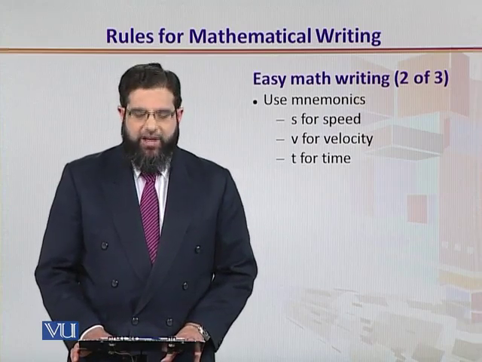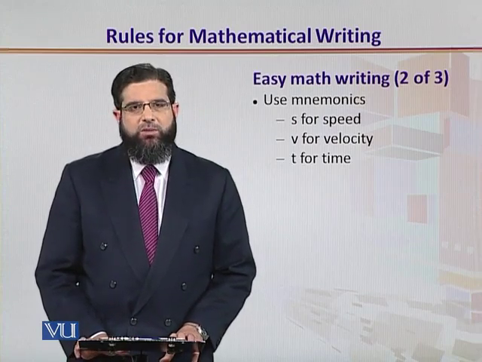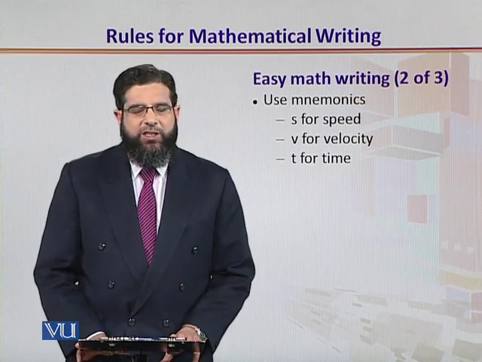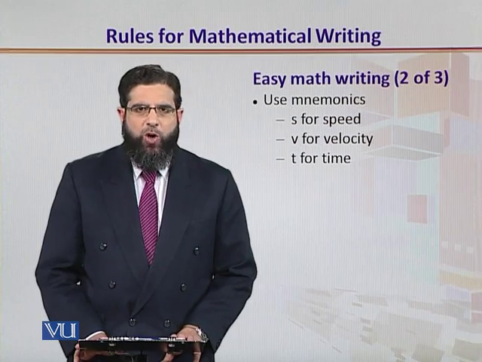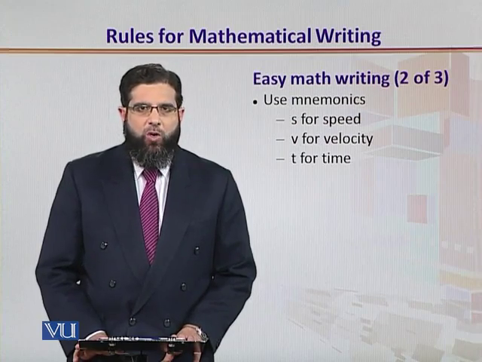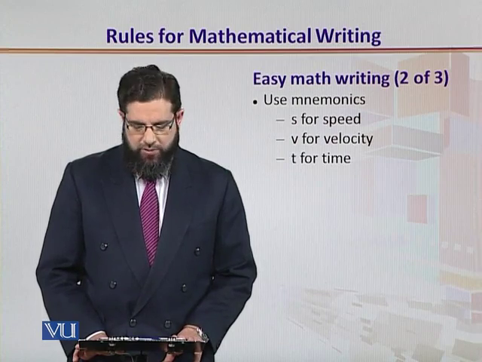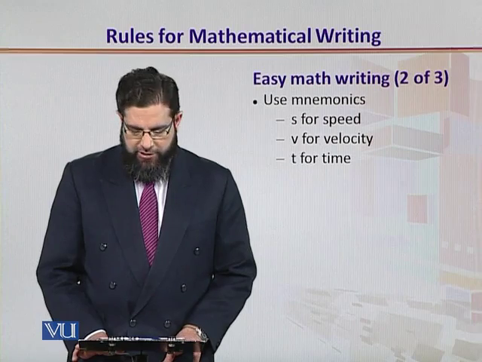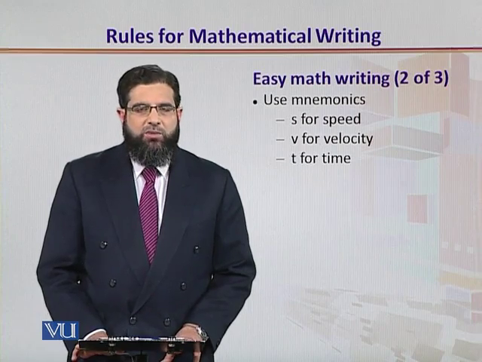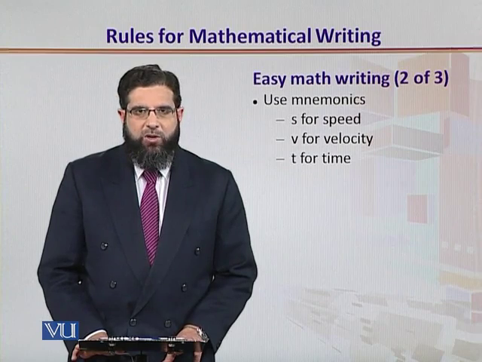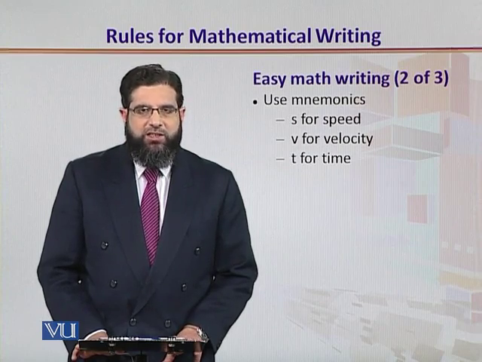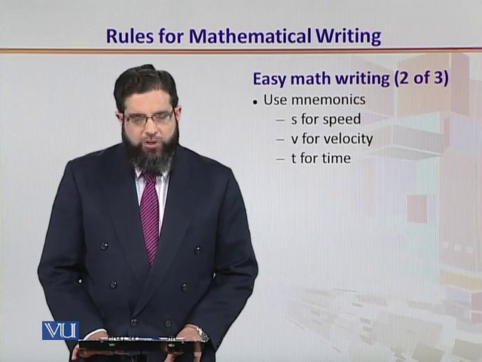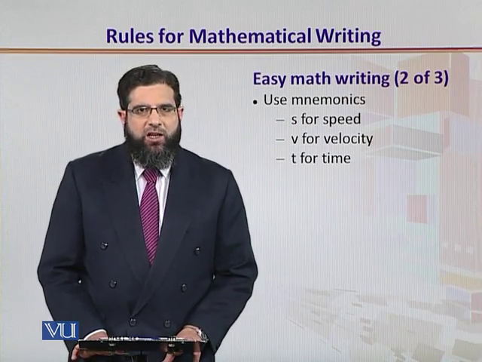The next trick is to use mnemonics. Mnemonics imply certain recollection strategy which helps you to immediately recall what the mathematical equation is about. For example, if you were to represent the relationship between speed, distance and time, or velocity, distance and time, then mnemonics imply that you should use the most appropriate variables.